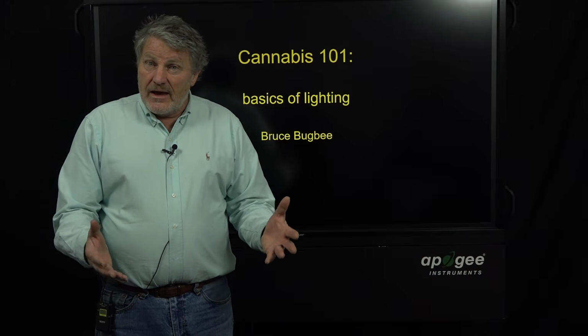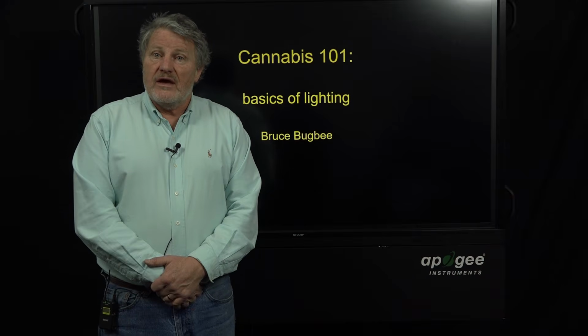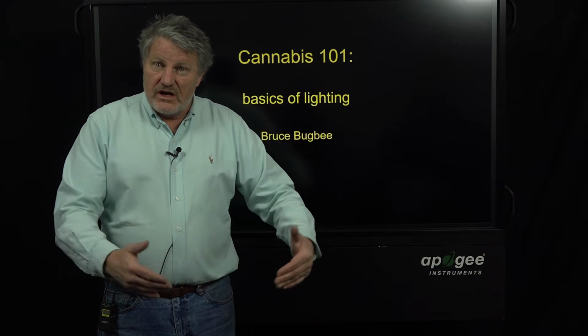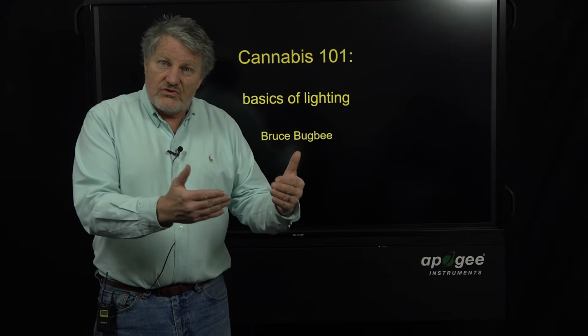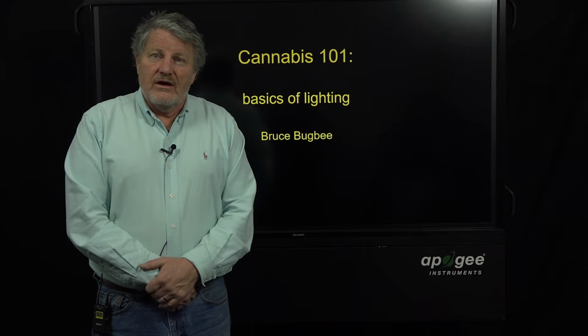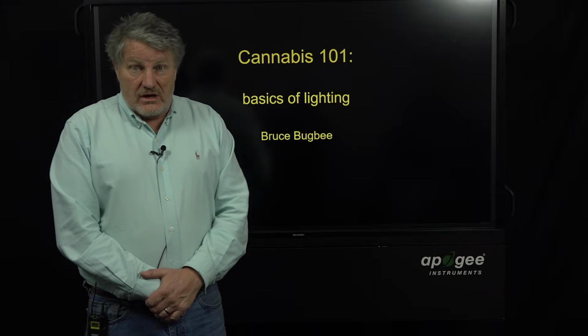As a company, Apogee Instruments' motto is, we help people make measurements. And part of that is our ongoing education to help people interpret the data that they get, make sure the measurements are high quality, and that's what this video is about, with a focus on cannabis.